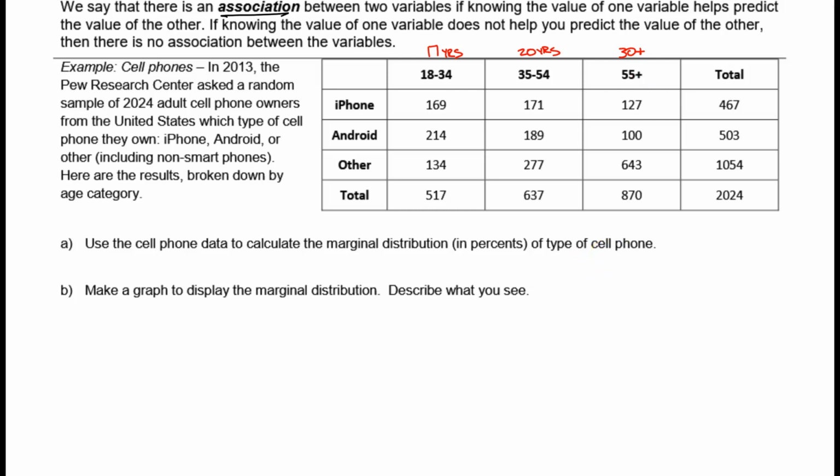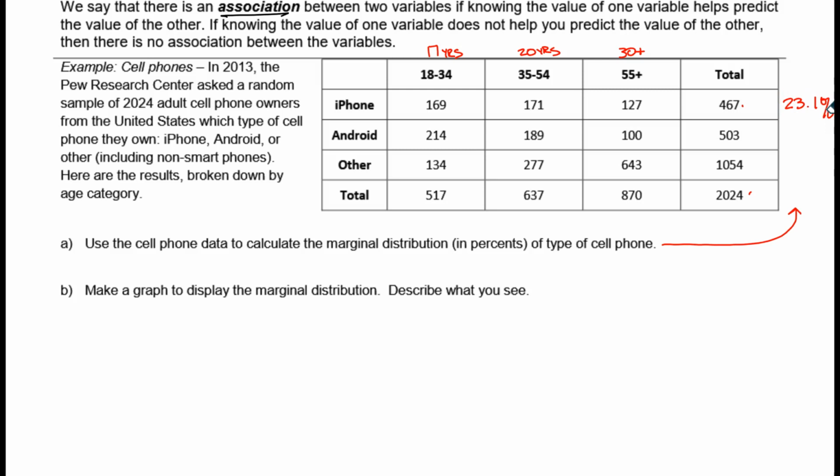So that is pretty straightforward. We're going to do that over here because we're asked to do the marginal distribution in percents of type of cell phone. So that's only the margin out here. I basically take each of these numbers as a percent of 2024. So 467 out of 2024 is 23.1%.